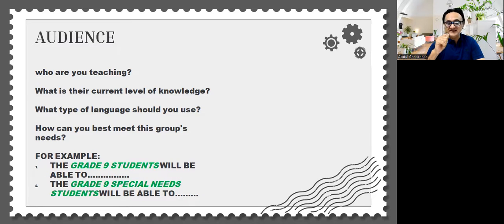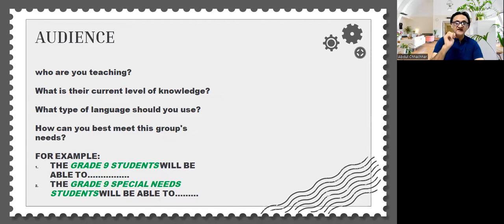How can you best meet the needs of this group when you focus on designing these learning objectives? This should be according to Bloom's taxonomy. For example, when you're designing the learning objectives, your focus should be on it. You are not going to mention grade 9 students in every lesson plan or every learning objective, but the level of your learning outcomes or objectives should be accordingly.